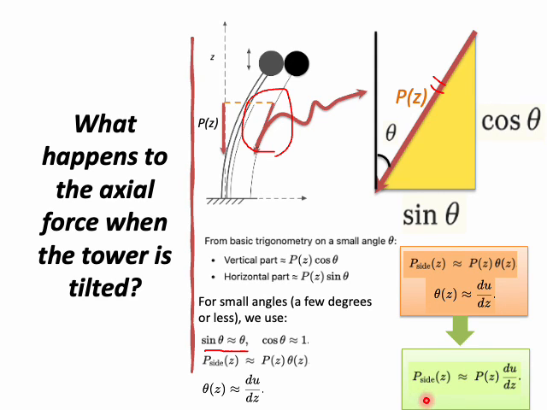This is why tall, slender towers under heavy load can become easier to bend. I will discuss the contribution of this axial load in modeling of a vertical cantilever beam using the Euler-Bernoulli equation in another video.